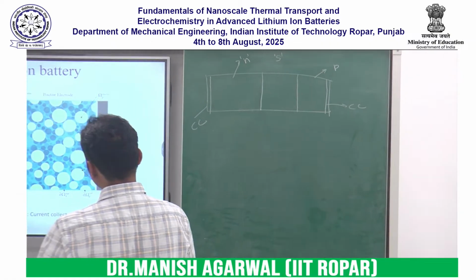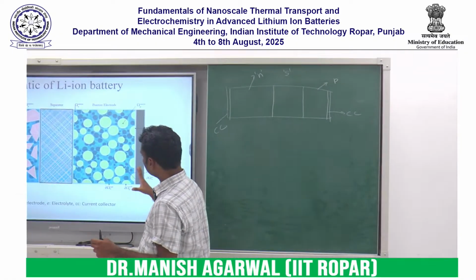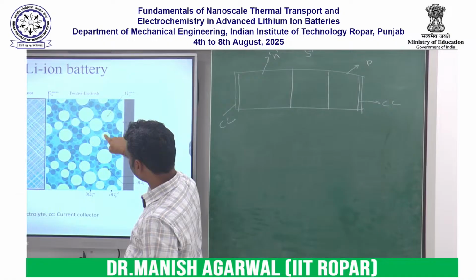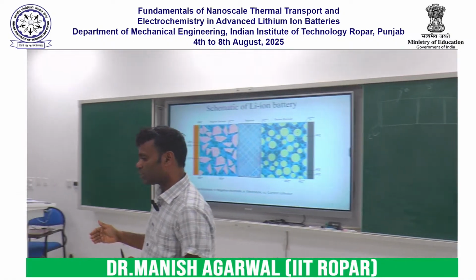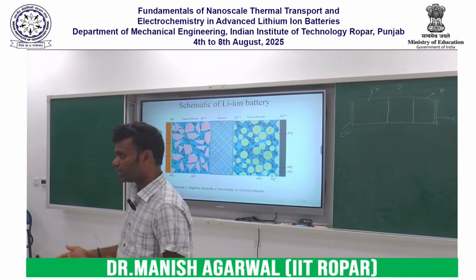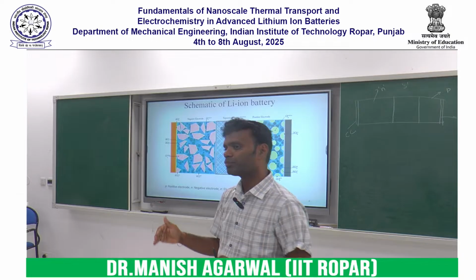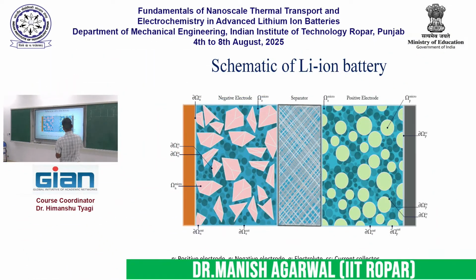If you see this positive electrode, there are some kinds of particles. I think Ankurji was talking about some kind of lithium compound which makes the positive electrode, if I am correct, some kind of lithium cobalt oxide. So these green particles are those, or any alternate to that.